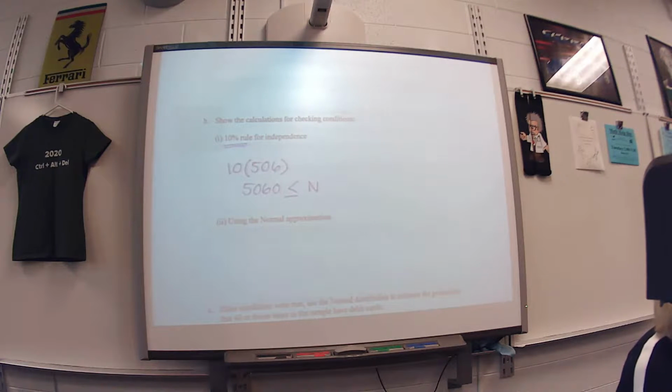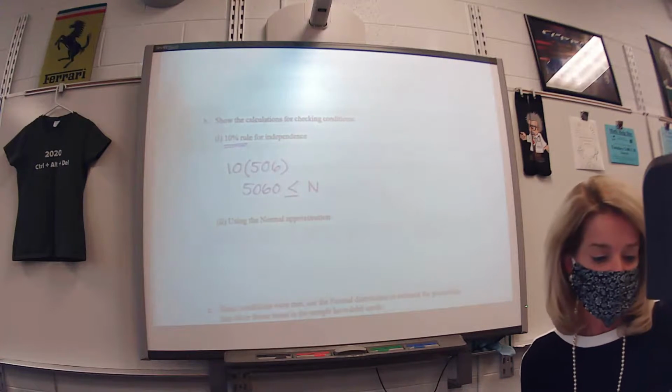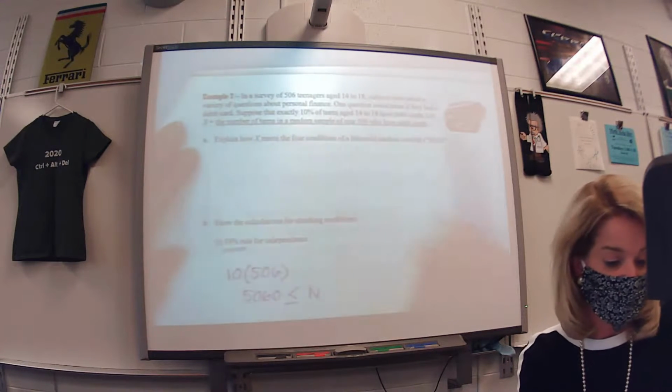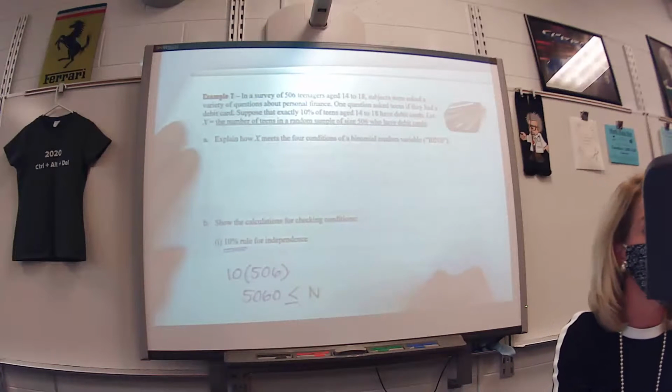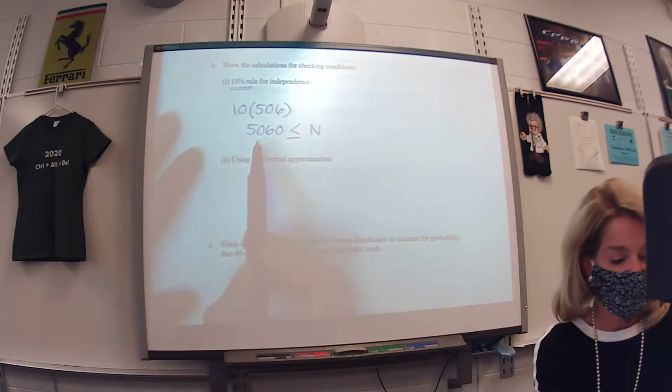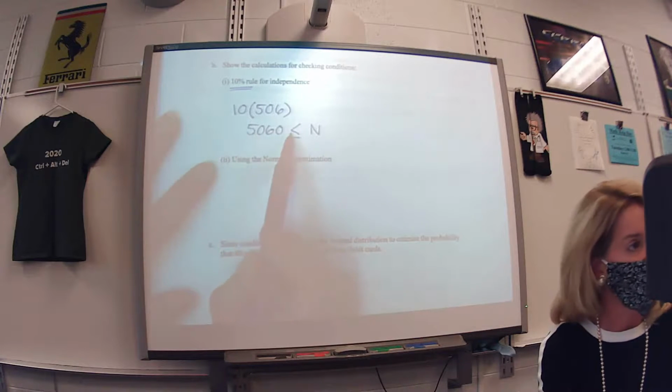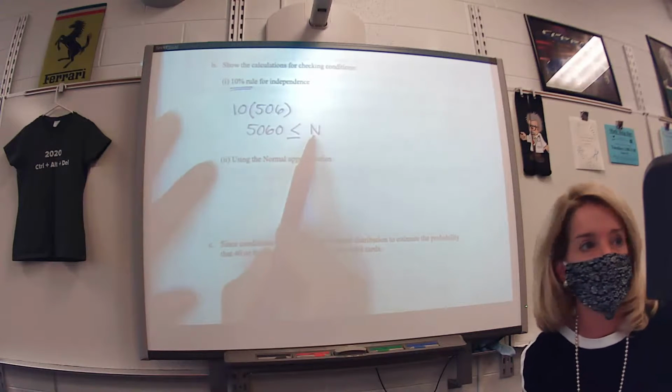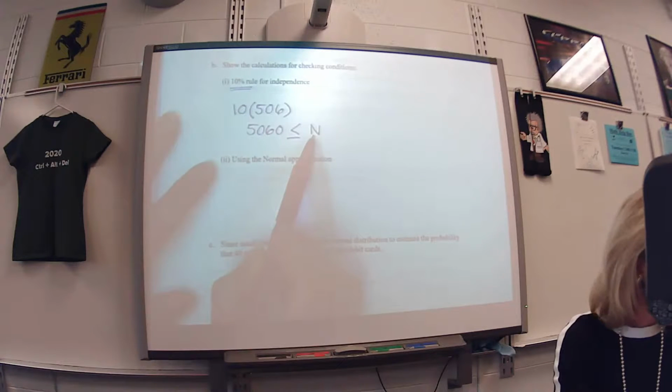Capital N is your population. Who is our population here? Teenagers. It doesn't even say teenagers in the U.S. It just says teenagers aged 14 to 18. Do you think we can safely assume that 5,060 is smaller than all the teenagers in the whole wide world? Yes.